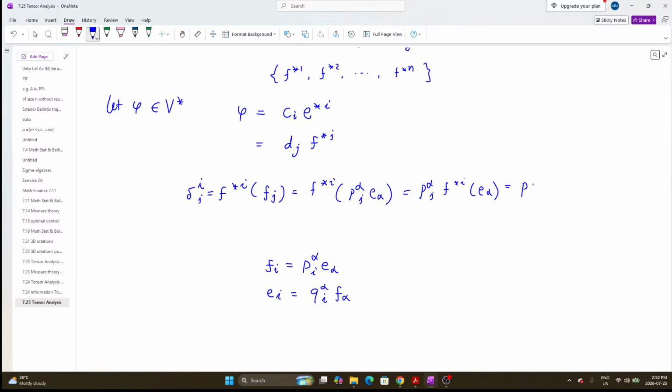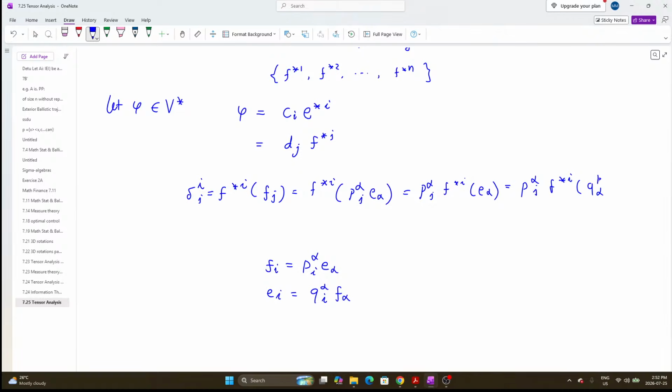So we get P alpha j F star I of E alpha. E alpha is, let's swap I to beta. So you get Q beta downstairs. Actually, no, you can't do that. I want E alpha, so Q downstairs uses alpha, sure, but upstairs needs to be changed to, say, k.